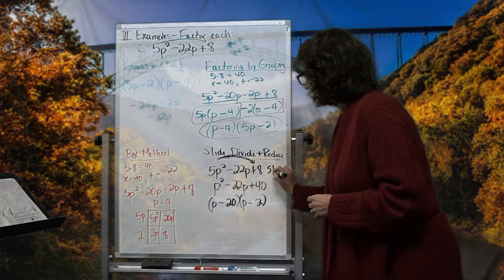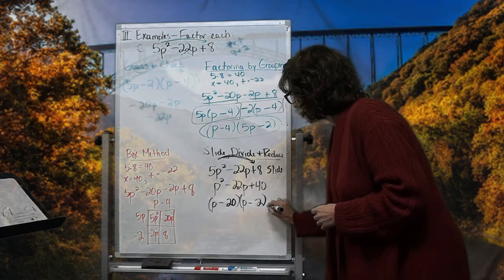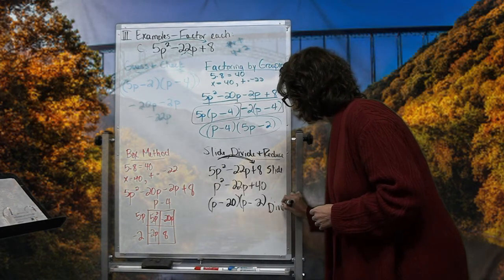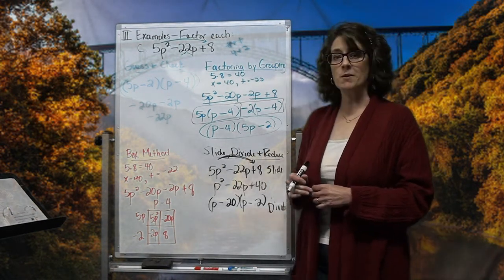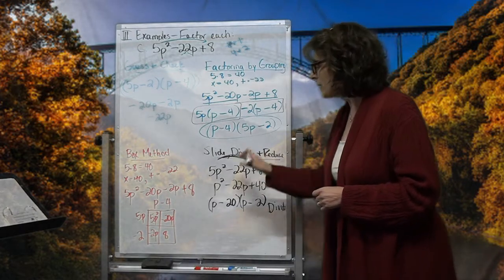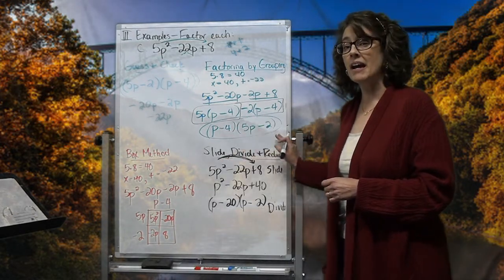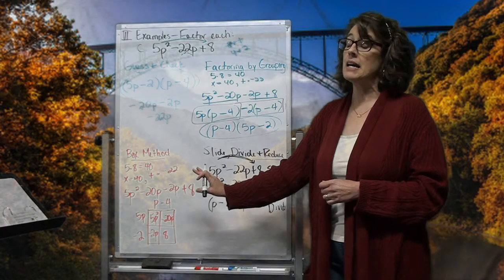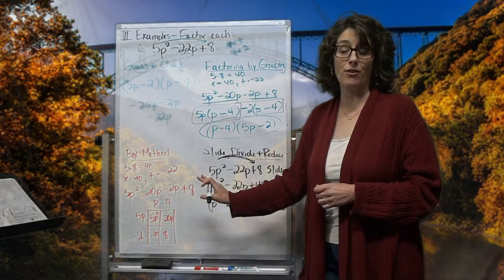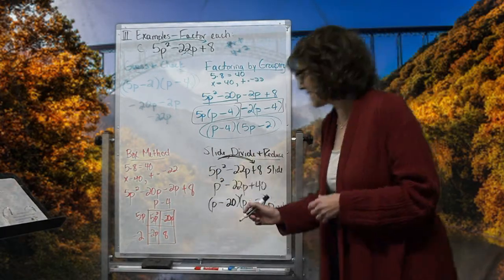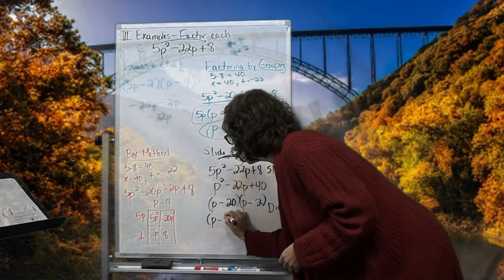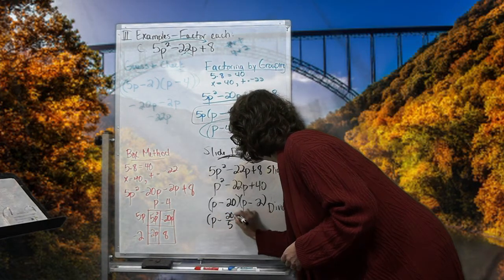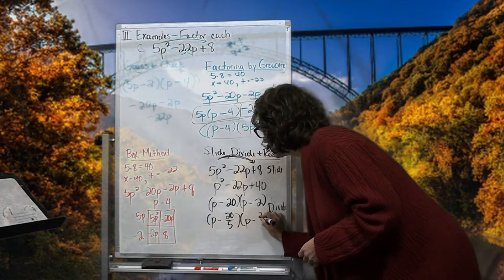So here was the slide, here comes the divide. And so now what I'm going to do is take what I multiplied out, I'm going to divide it back in. It's not magic, folks, it's math. So I got to keep that math contained. So I'm going to divide it in right here, and I'm going to divide it in right here.